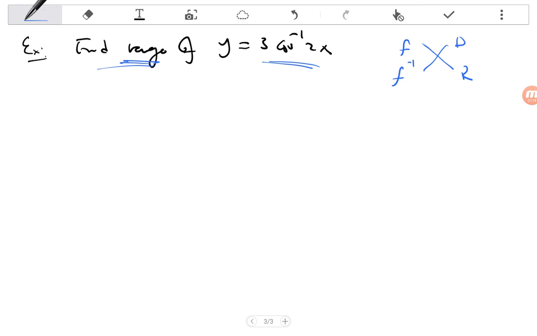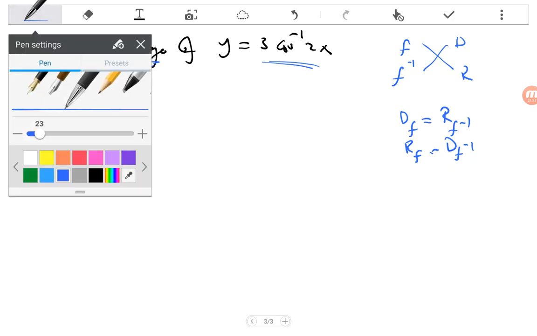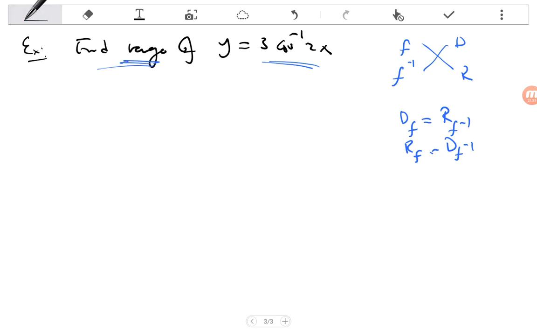So the domain of f is just the range of f inverse, and the range of f is just the domain of f inverse. There will be an alternative method, but let's solve it by the way that we have learned, which is to find the inverse of this function first. Okay?